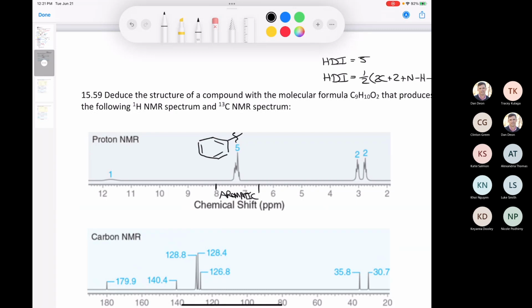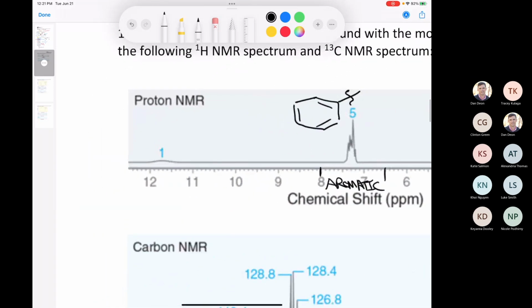Now, I have another thing to show you. Up here at around 12 parts per million, or very close to it, you can see it's just below. We have a broad, very broad singlet that integrates for 1 proton. Could anybody tell me what it means if I have 1 proton with a chemical shift of almost 12? What's the only thing that we would ever see that's up at 12? You might have to go back to the table in the lecture slides to look at it.